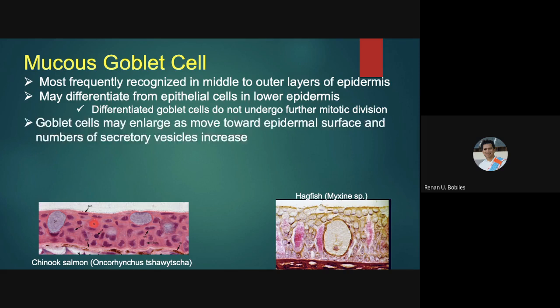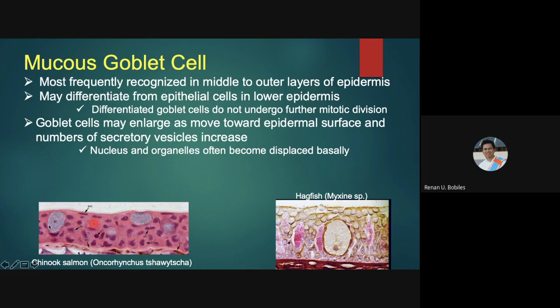So, goblet cells may enlarge as it moves towards the epidermal surface. And the numbers of secretory vesicles increase. So, nucleus and organelles often become displaced. Ito, kung makikita nyo dito sa salmon, this is the goblet cell. So, yan. Okay?